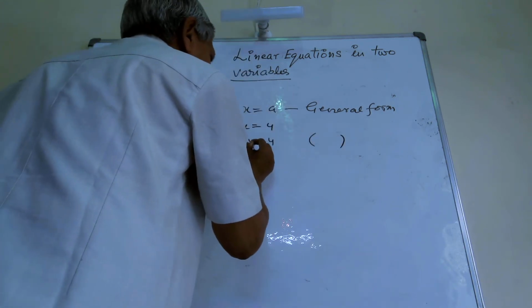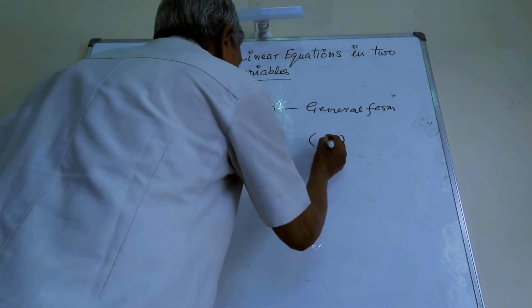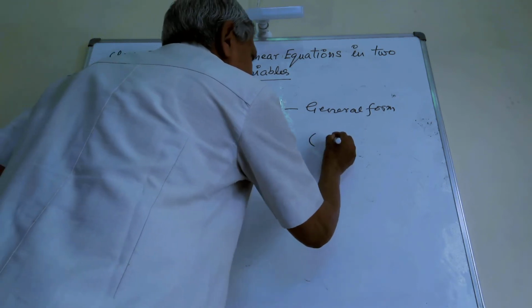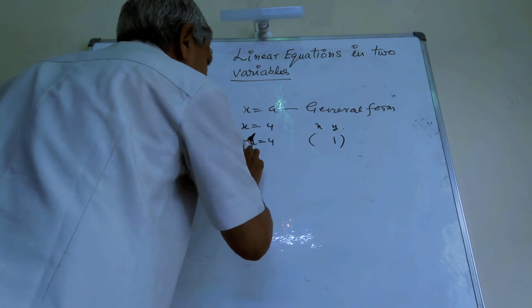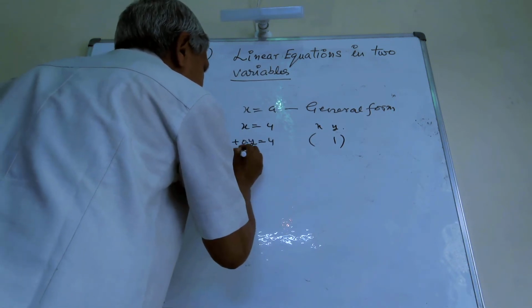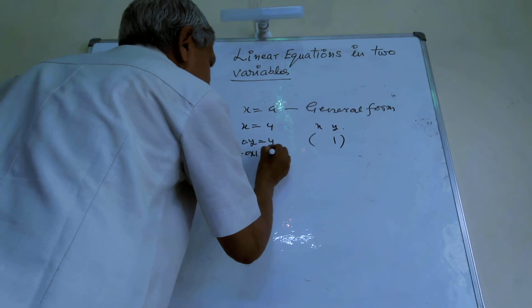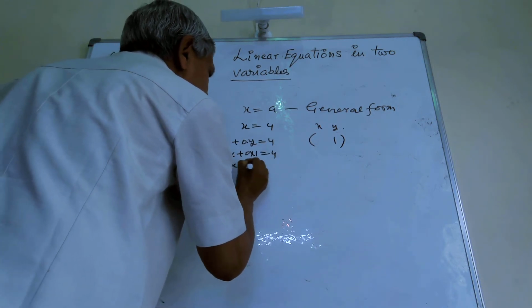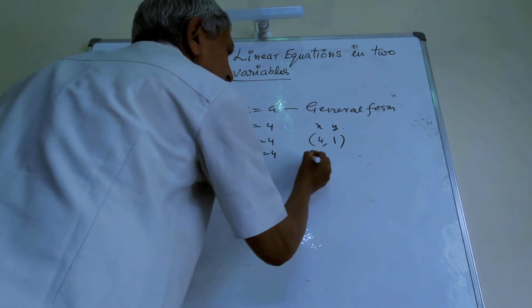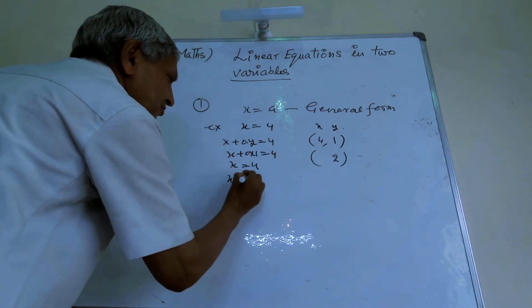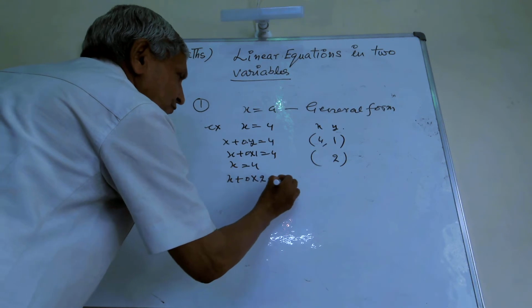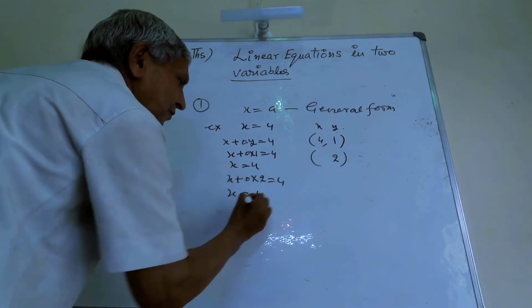Put y is equal to 1: x plus 0 into 1 is equal to 4, so x is equal to 4. Put y is equal to 2 in the same way: x plus 0 into 2 is equal to 4, so x is equal to 4.